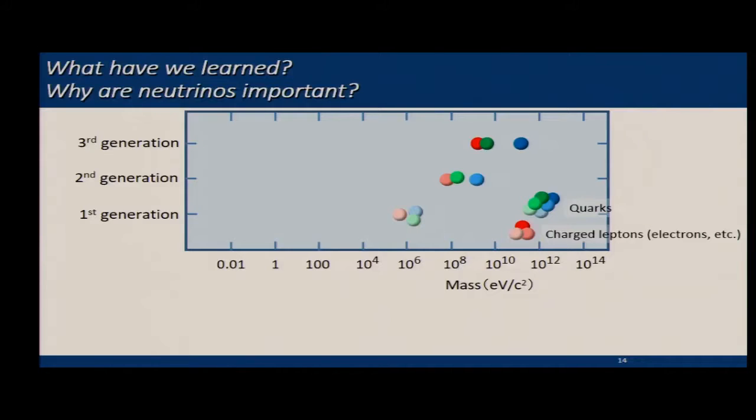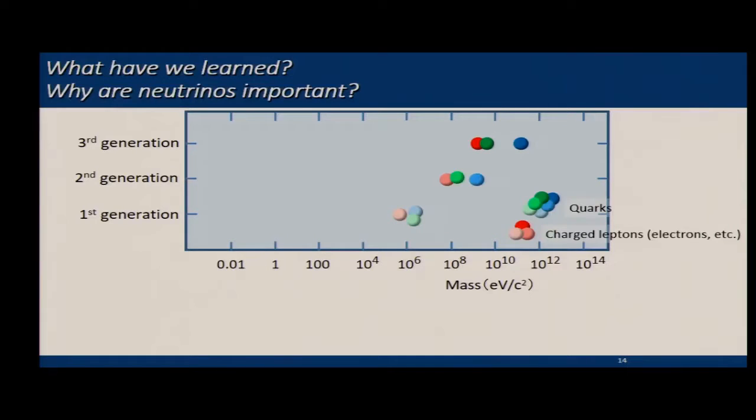Here, I show the masses of charged leptons and quarks. These are the masses of these 9 particles.